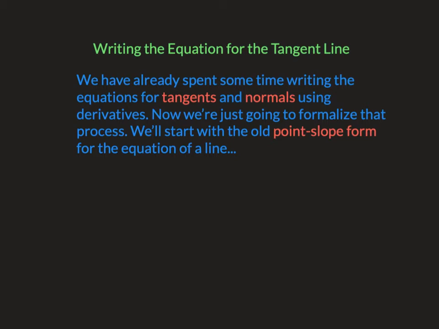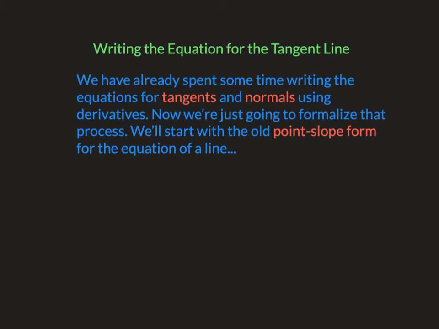So our job becomes writing the equation for the tangent line. And we've done a little bit of this already. We've written some equations for tangents and normals. Now we're just going to formalize that process. Just like we did before, we're going to start with the old point-slope form.